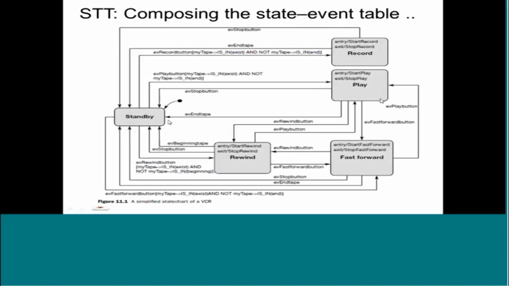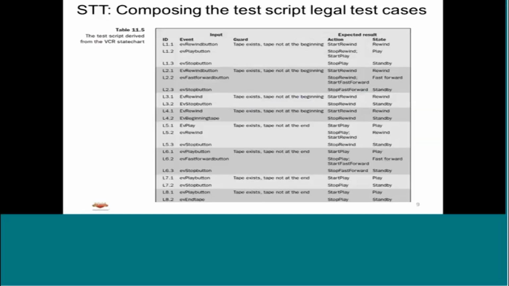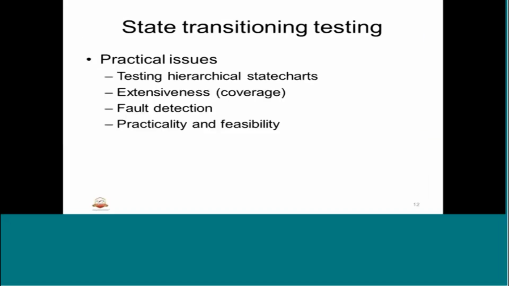Some events may be difficult to cover, especially the paths. If it is straightforward from standby to play and play to standby, it is easier. But from standby to play and play to fast forward, and fast forward suppose has other substates internally, it may be a little trickier or impractical to do that.